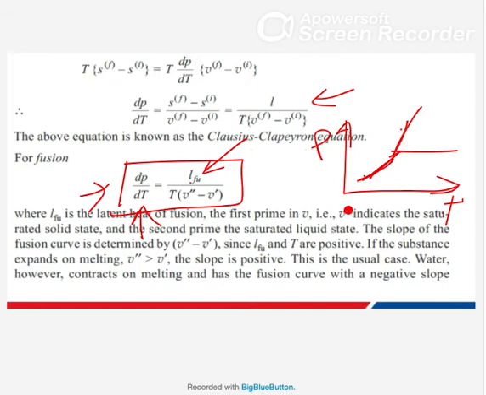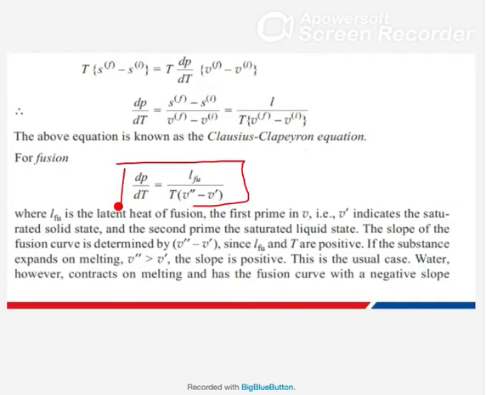I will show this in detail with that PT plot also. But you know the PT plot will have this Y type of curve, so every point will have some slope. So this Clausius-Clapeyron equation relates the slope at every point and the latent heat. Now for fusion, it is the latent heat of fusion.